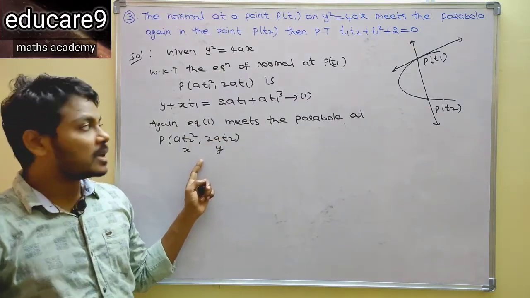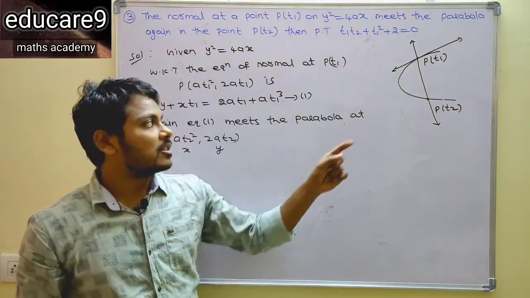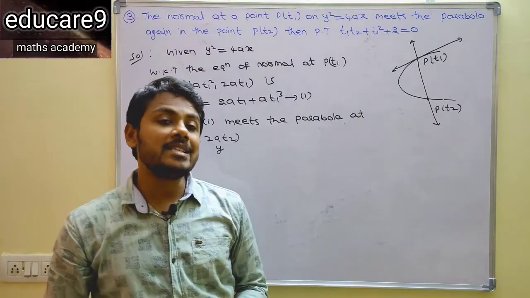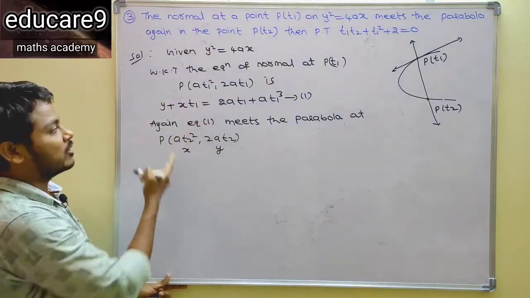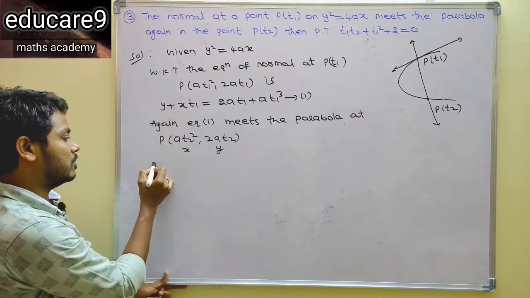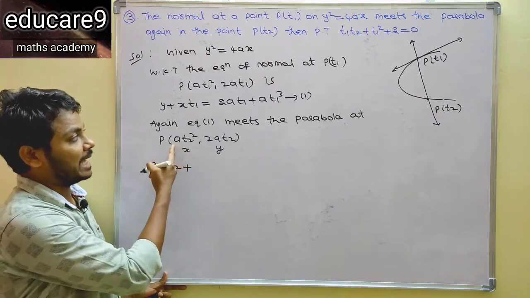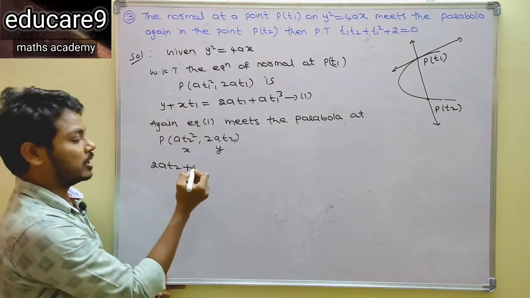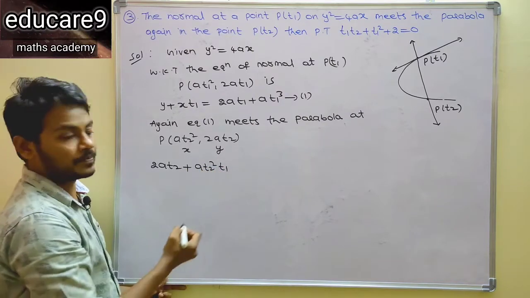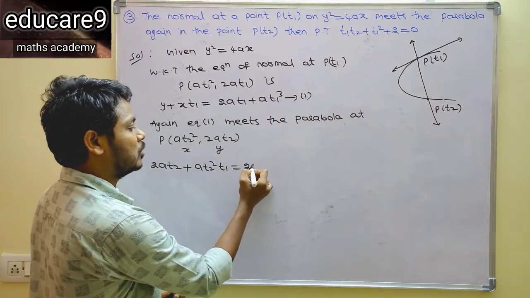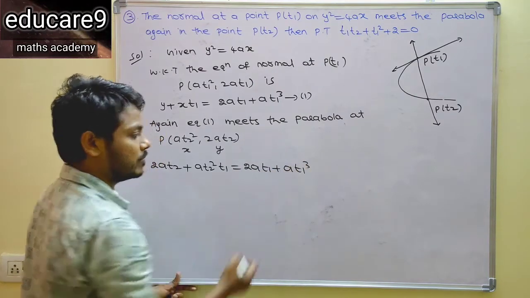Now clearly this point satisfies equation 1 because the normal meets the parabola at point P of T2. So substitute here. The y value is 2AT2, so 2AT2 plus x value AT2 square into T1 is equal to 2AT1 plus AT1 cube.